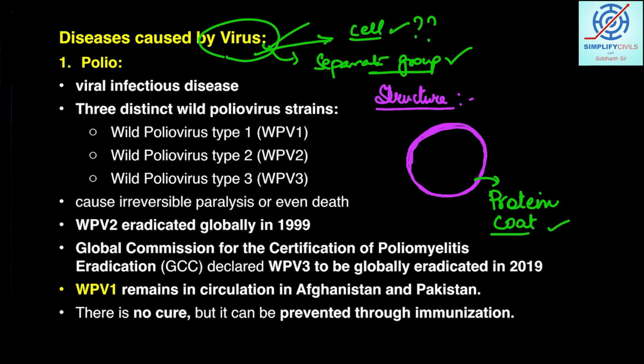So a protein coat covering is present outside, and inside there is genetic material. This genetic material can be DNA, it can be RNA, and it can be double stranded or single stranded. So the simple structure of a virus is a protein coat and genetic material, that's it.